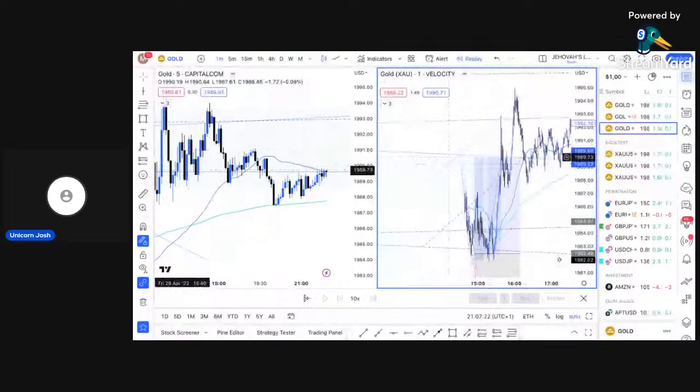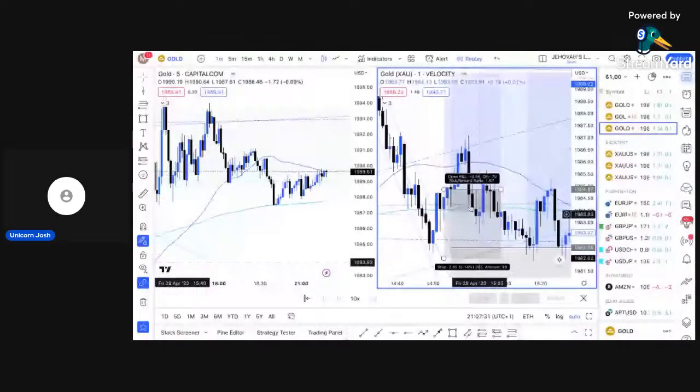We got it as a follow up to this breakout, with our stop loss just behind the previous low before the breakout happened. Our target was this level here, respecting this line at this point. So let's see what played out on that one.